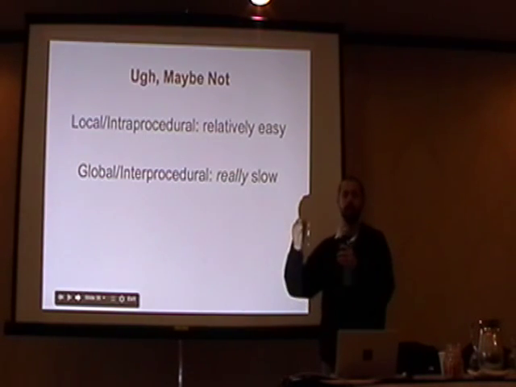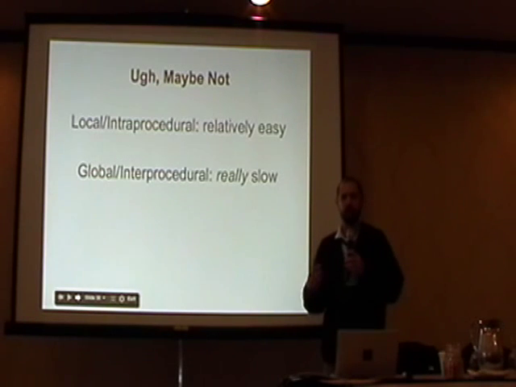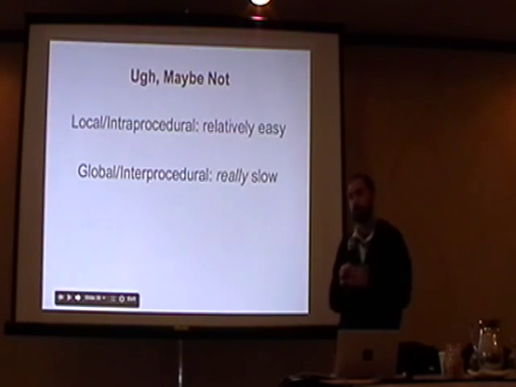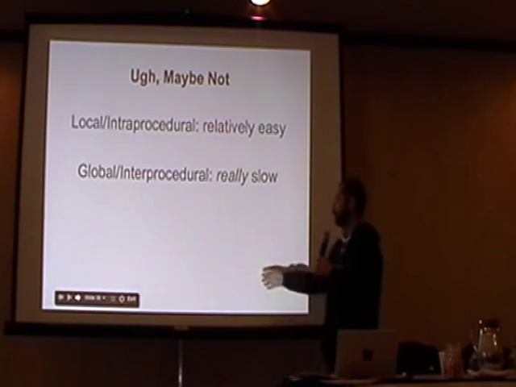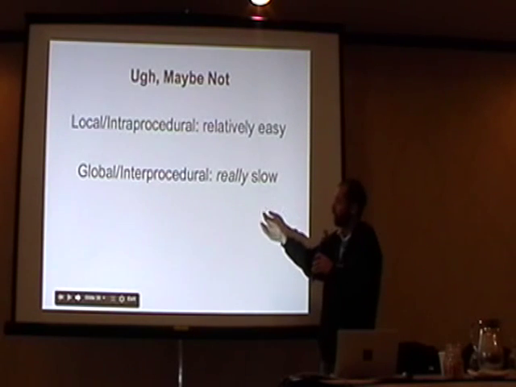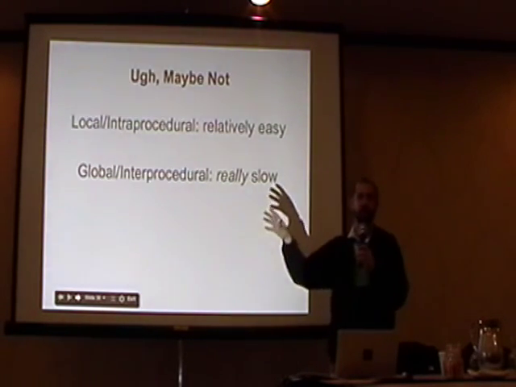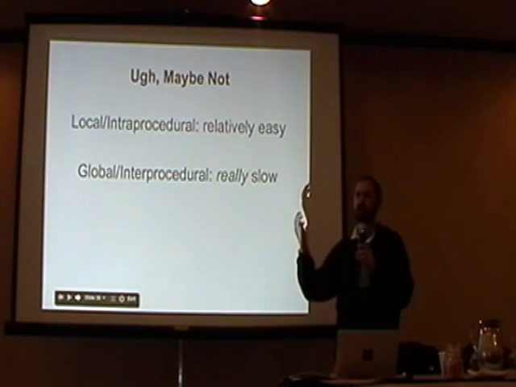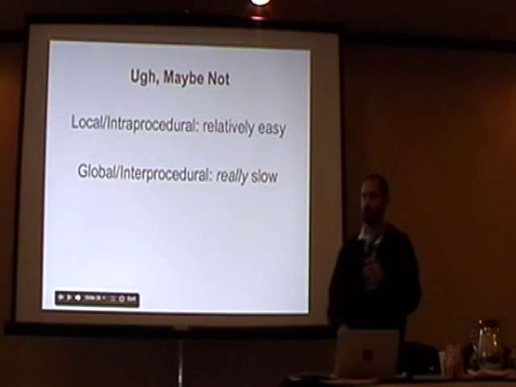It's useful. If you're in a language like Ruby where you tend to have methods and people are encouraged to write short ones, this is pretty good. Global data flow analysis, or interprocedural, is really slow, with lots of resources. I'm sure there are ways of doing it better, but it's a pain.